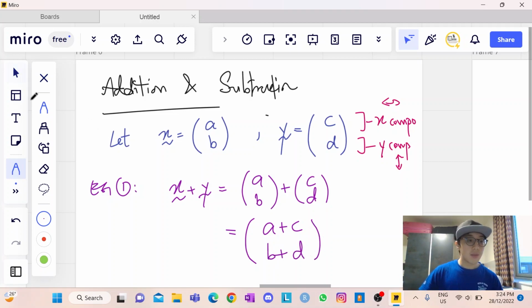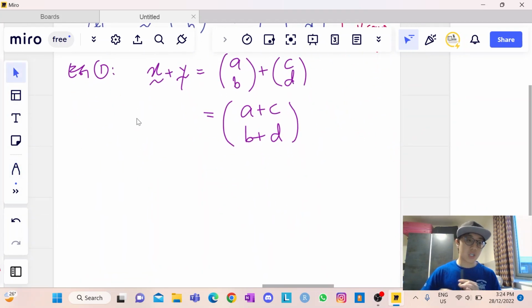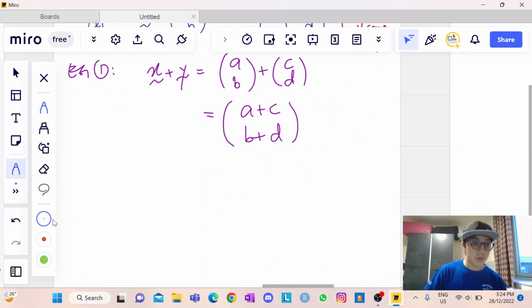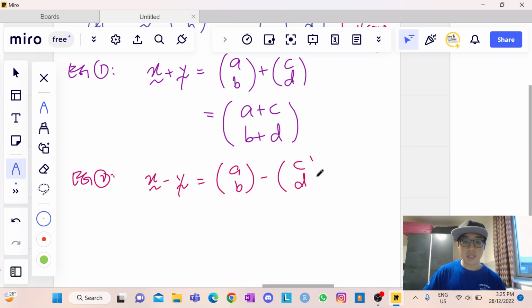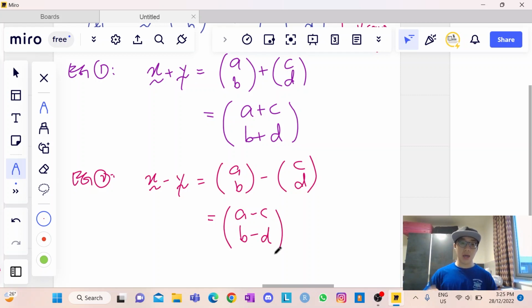It goes the same for subtraction. For example 2, x minus y equals ab minus cd. As long as you don't mix up the top left minus the bottom right, you are good to go. It's just simple addition and subtraction for vectors.